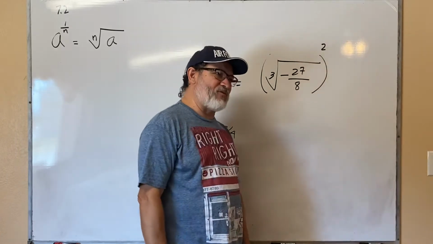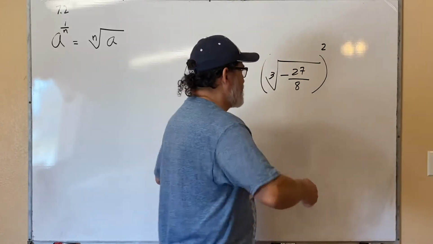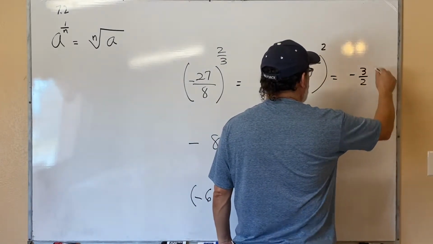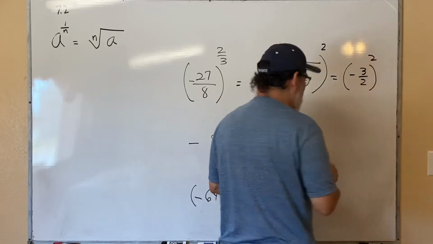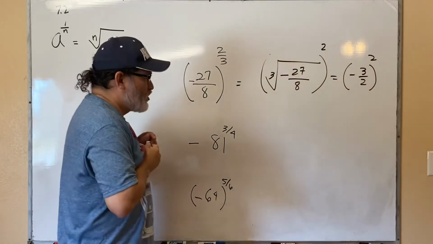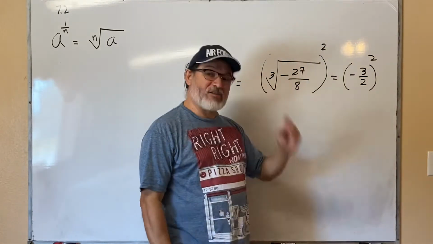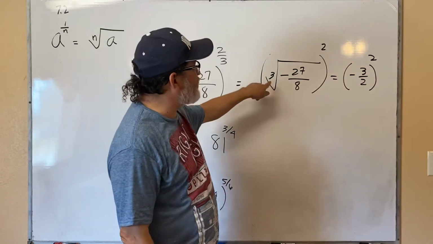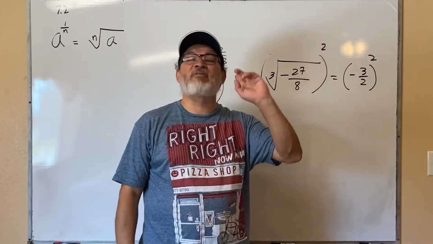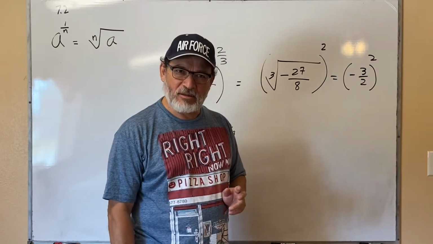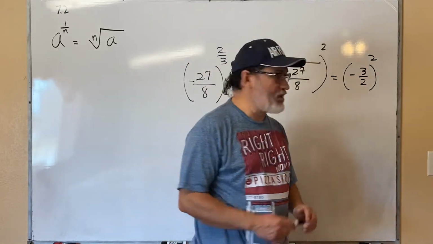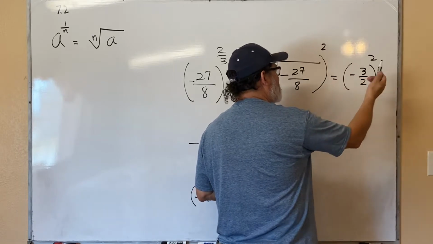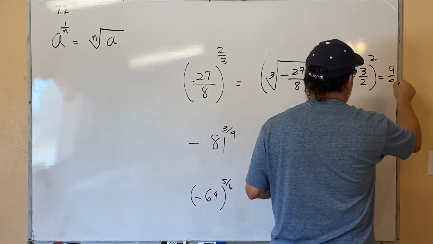The cube root of negative 27 over 8 is negative 3 over 2, raised to the 2nd power. I took care of the root first. Now I'm going to take care of the power. This is the way it is done. Negative 3 over 2 raised to the 2nd power is 9/4.